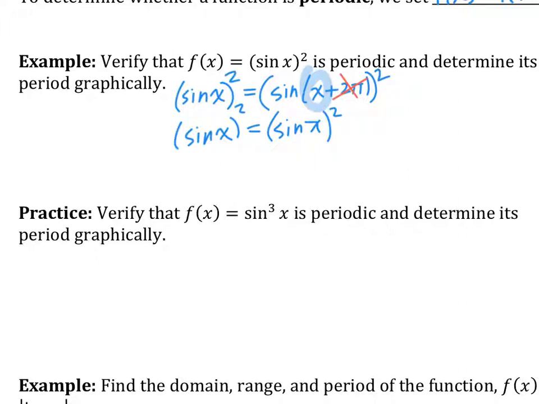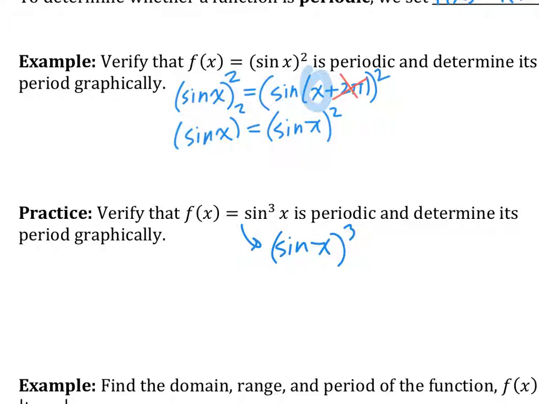All right, let's have you try one. Sine cube x. Remember that sine cube x just means sine x cubed. It's the same. Sine cube x is just a written way of writing this, but in reality, you're doing sine x cubed.